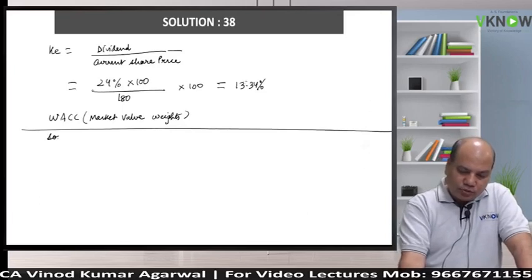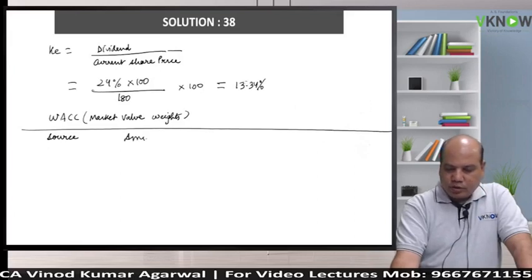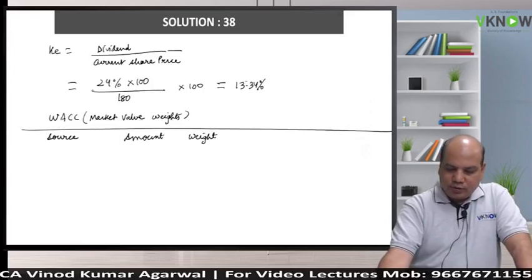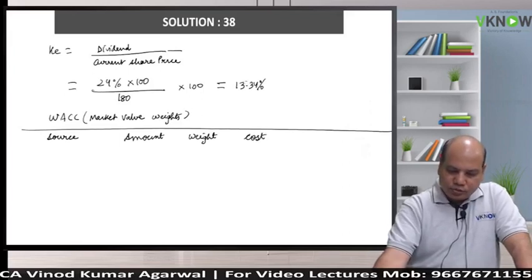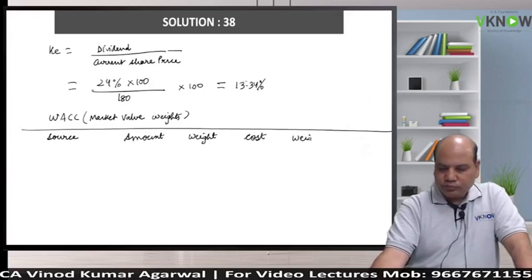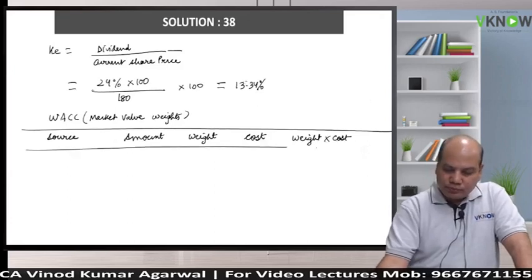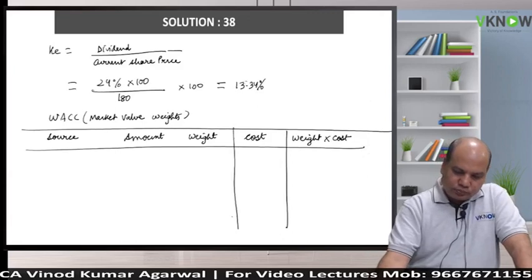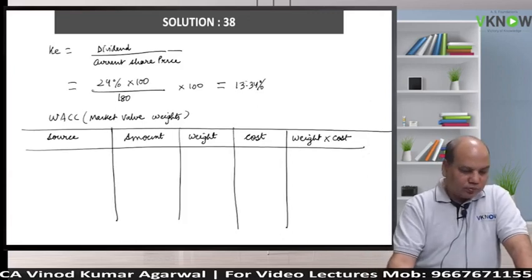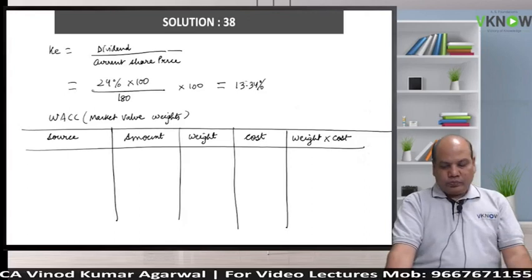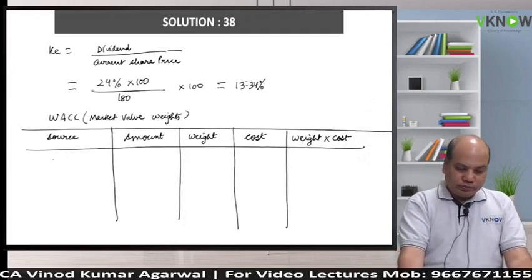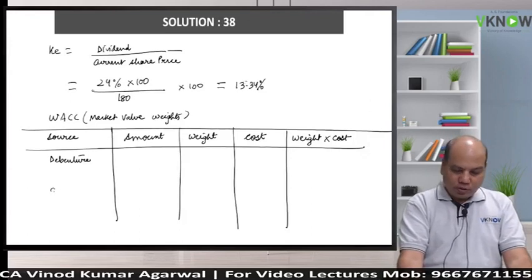Write down source, amount, weight, cost, weight into cost. Source, write down debenture and equity.